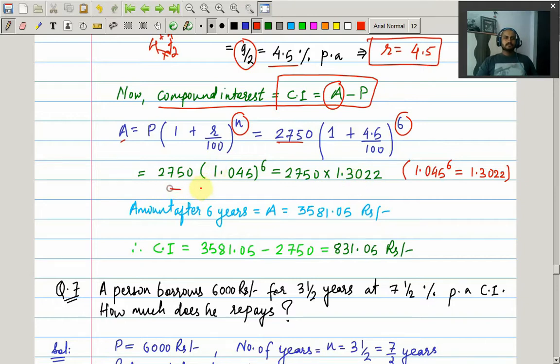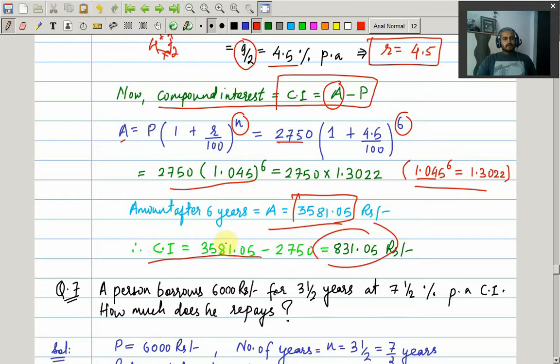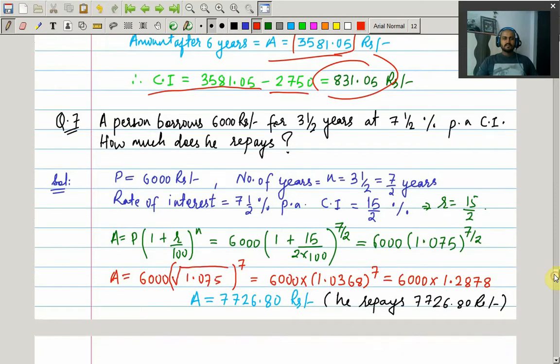So you have to take the 6th power of 1.045. You can use non-scientific calculators for these simple calculations. This is the value of the 6th power of it. So this is the amount, and the compound interest is amount minus the initial amount invested. So 831. I'm skipping the calculation part.